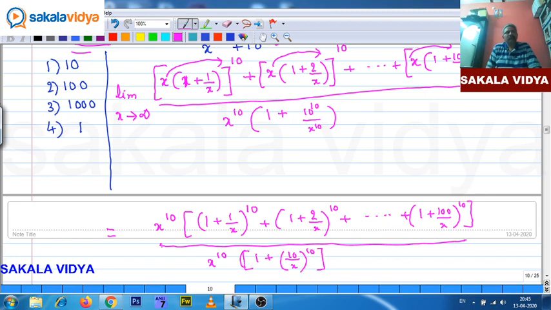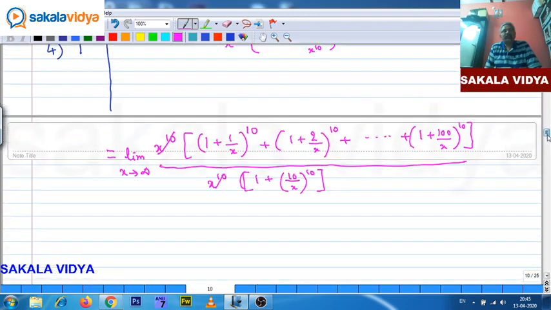Limit x approaches to infinity. The x to the power of 10, x to the power of 10 gets cancelled. Here see, when x approaches to infinity, this 1 by x becomes 0, 2 by x becomes 0, 100 by x becomes 0, this 10 to the power of 10 by x to the power of 10 becomes 0.